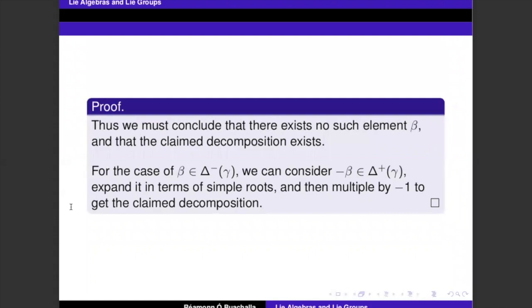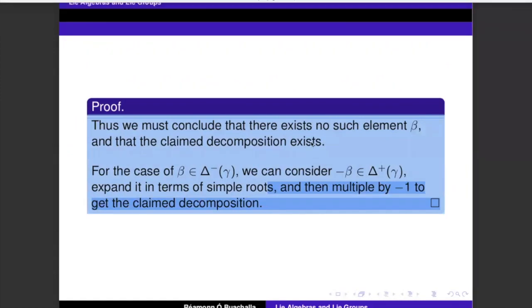We can expand it now in terms of these proposed simple roots. Our simple roots here, what do we mean by this? Remember, this is just pi, the simple roots with respect to gamma. Expand it, and then we multiply by -1 to get back to beta, and now we have a linear combination of the required form. And that's it, we're done.